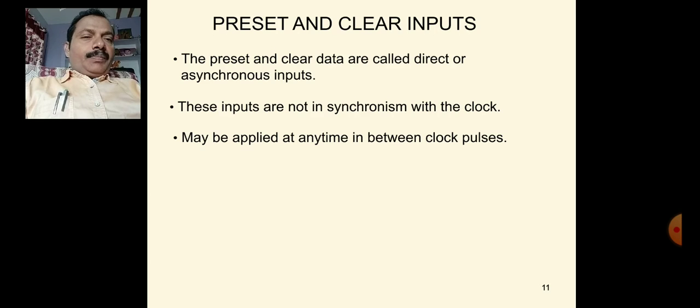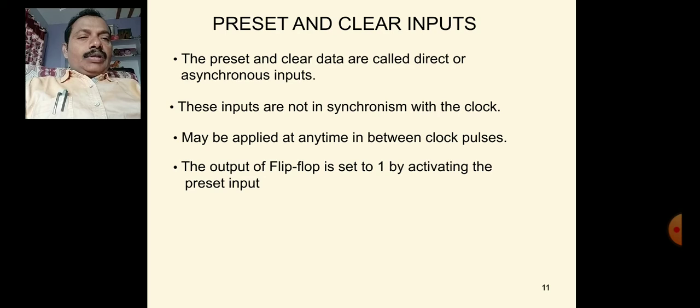So this can be applied at any time, and it will initialize the flip-flop to the desired state. The output of the flip-flop is set to 1 by activating the preset input. If we want to set the flip-flop asynchronously at any time, if we want to initialize the flip-flop with one state, then you have to activate the preset input.